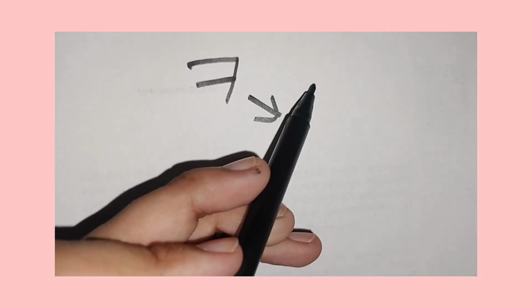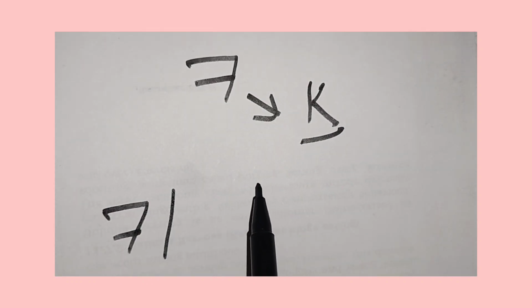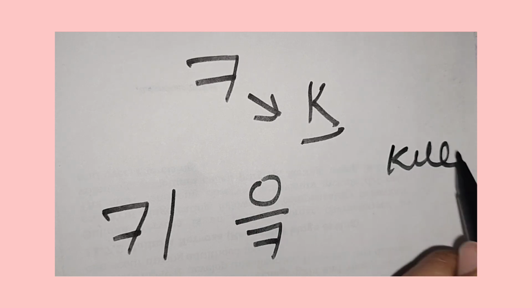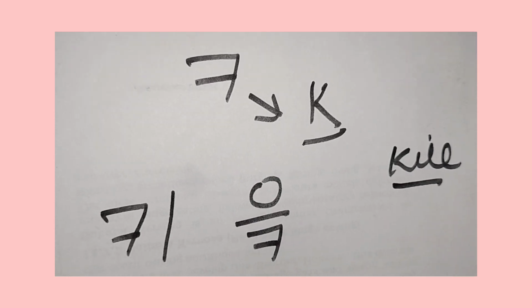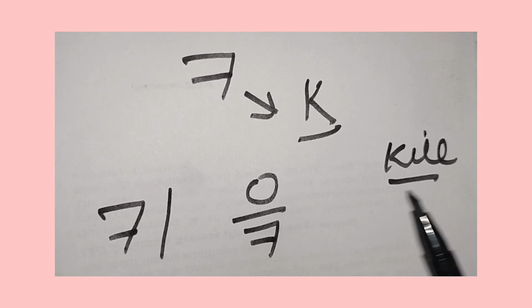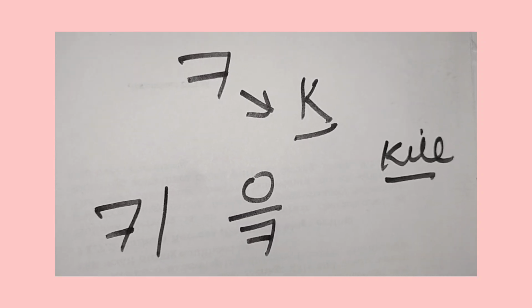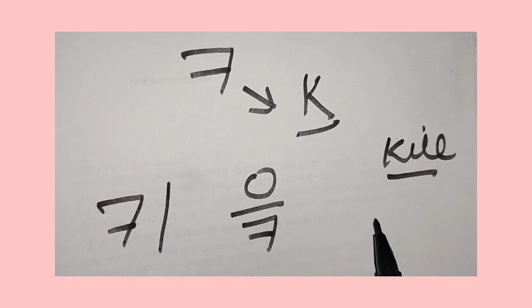So the next consonant is ㅋ, and this has a K sound, just like Q. Remember this as Q. Kill has a K sound. And remember, this one was a gun, right?